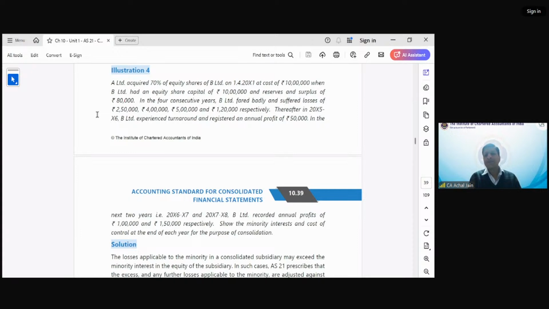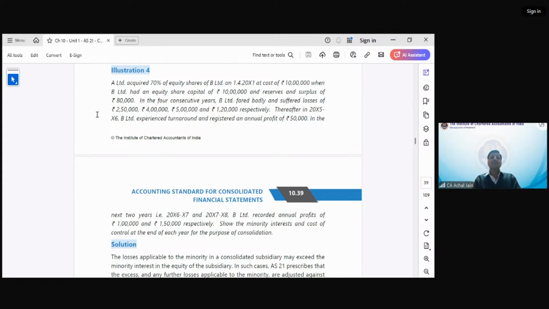So for 4 years there are losses, next 3 years there are profits. Now you are required to show minority interest and cost of control at the end of each year for the purposes of consolidation.